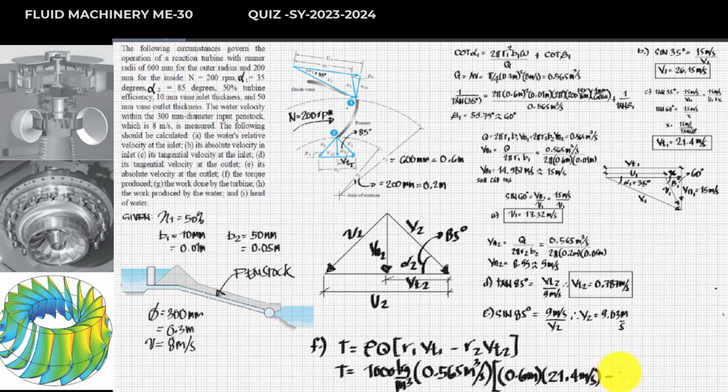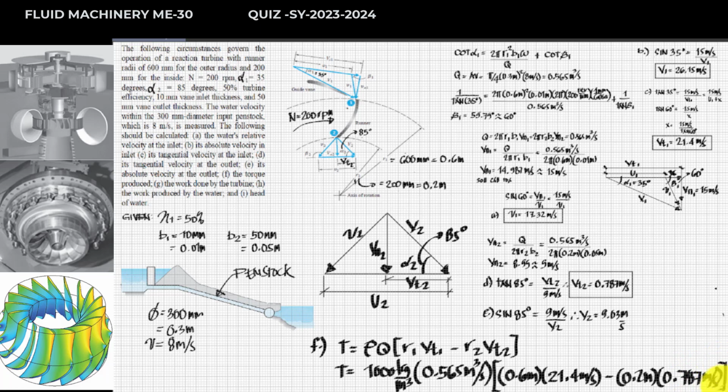And this is minus the radius 2, which is 0.2 meter, multiplied by the tangential velocity at point 2, that will be 0.787 meter per second.